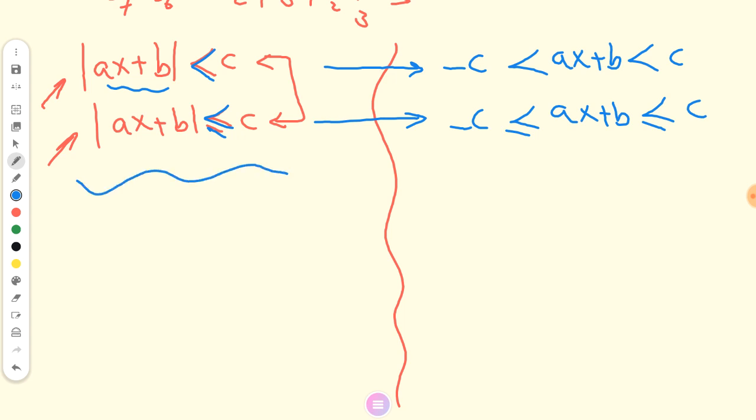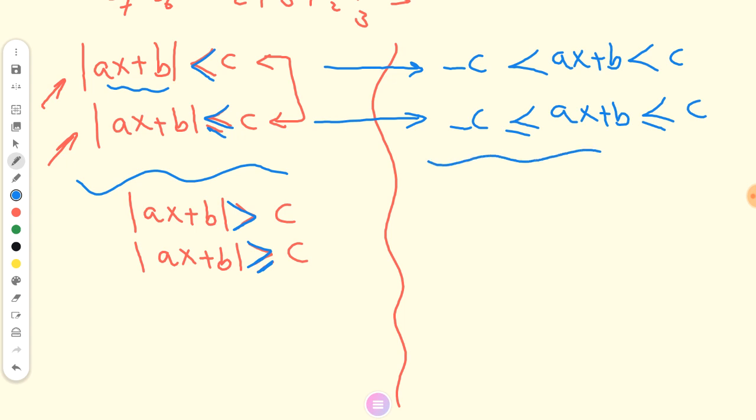The third form, if it's more than, like this, ax plus b more than c, or ax plus b more than or equal to c. To solve this one, more than, I will write or in the middle.